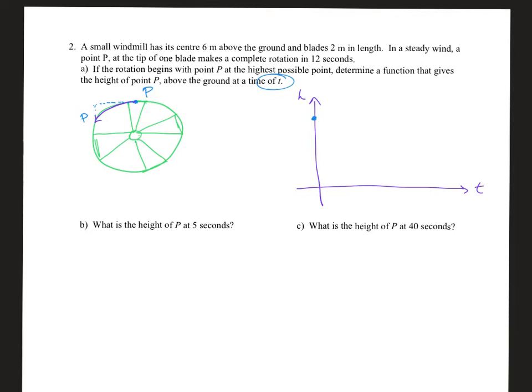We then get to a certain point where our point P drops a lot. In this small little distance, notice point P is going to drop a lot to get down to that new position.